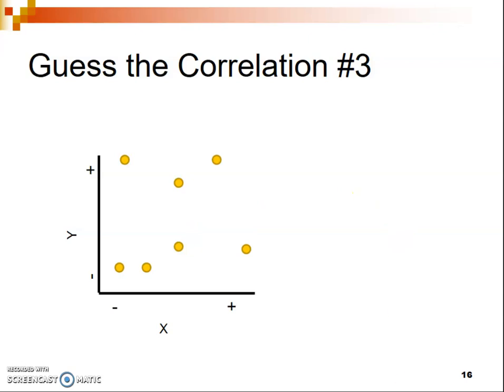The reason is that this is essentially a non-existent correlation. This is a correlation value quite close to 0. It's just 0.11. So while it is technically a positive correlation, it's not a very strong relationship.